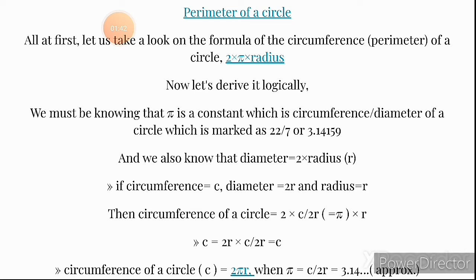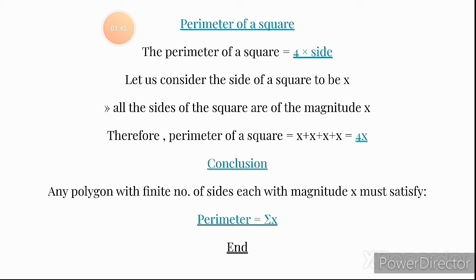Now let us move on to the perimeter of a square. See, the perimeter of a square is equal to 4 into side. It is the easiest one in our whole perimeter video. Let us consider the side of a square to be x. Let the length of the side of the square be x, and all the sides of the square are equal to x.